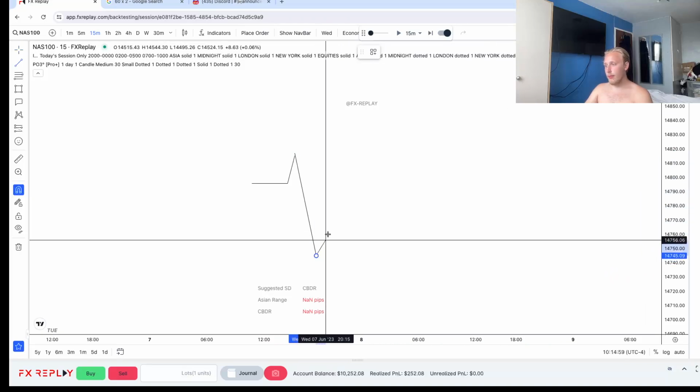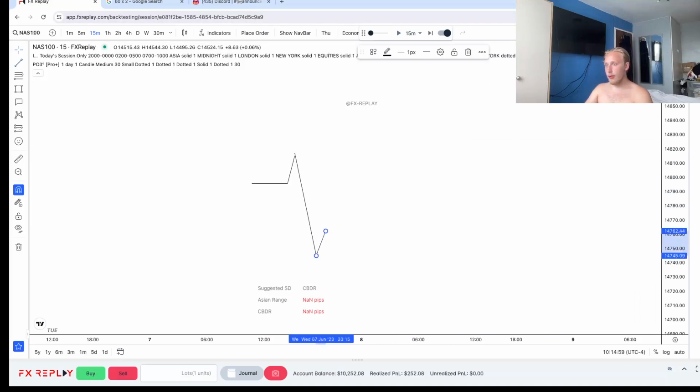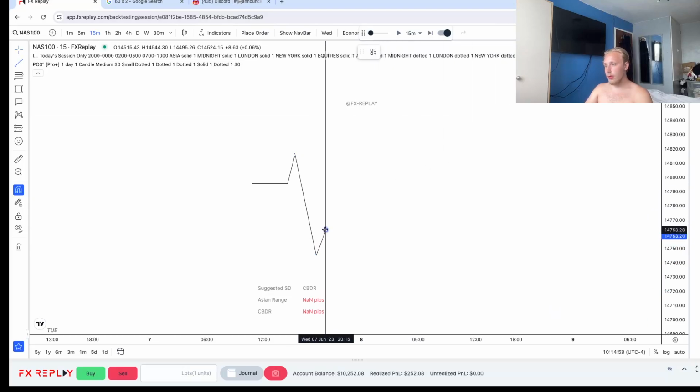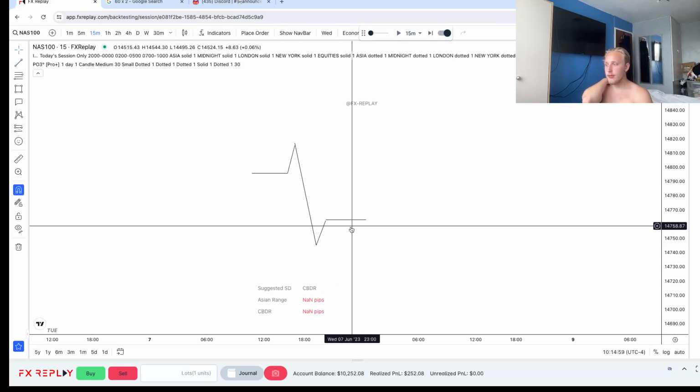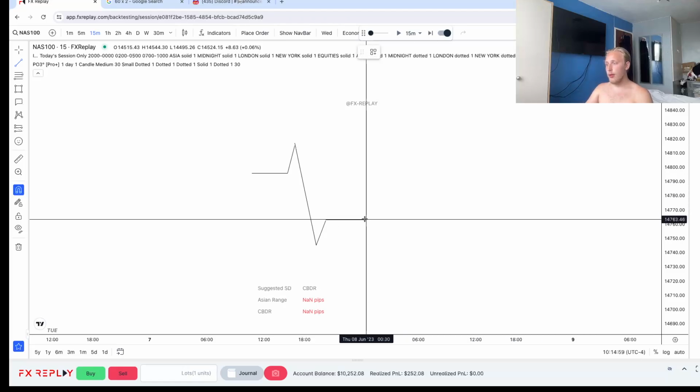To then move up and close to then start the cycle again.